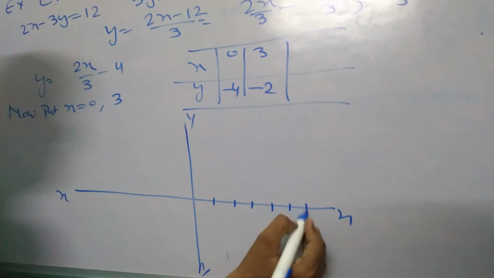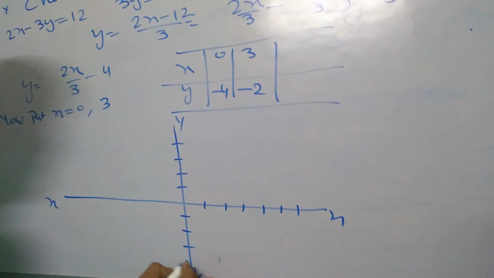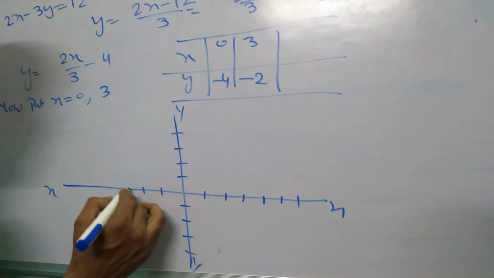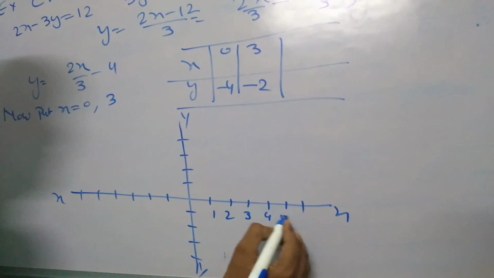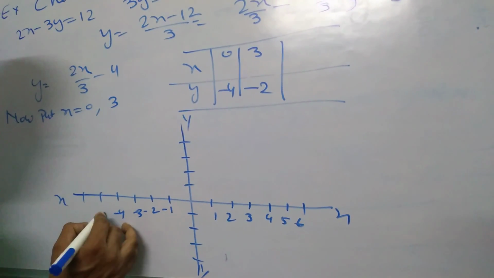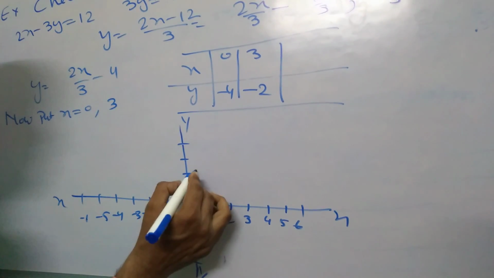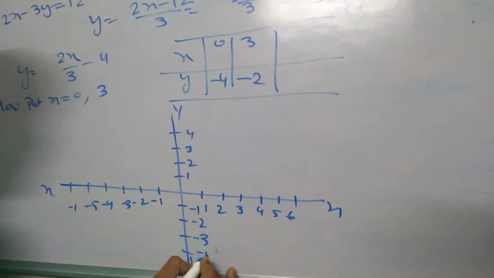We take the graph paper. One, two, three, four, five, six. 1, 2, 3, 4, 5, 6. 1, 2, 3, 4. Minus 1, minus 2, minus 3, minus 4.